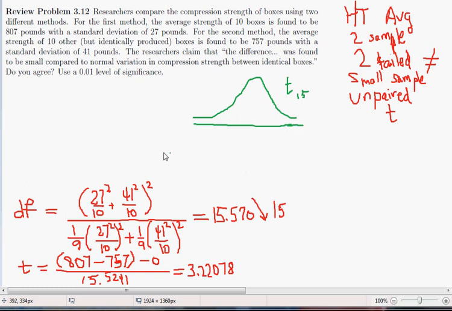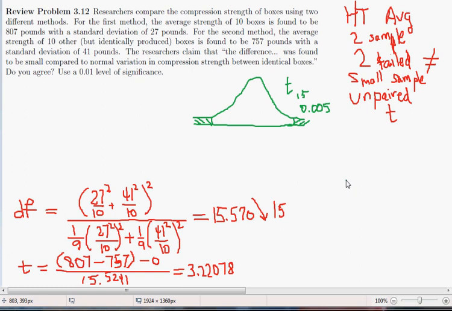And the question asks for 0.01 level of significance. This is a two-tailed test. So that means that the total area that's shaded is 0.01, which means that the area in the right tail is 0.005, half of 0.01.